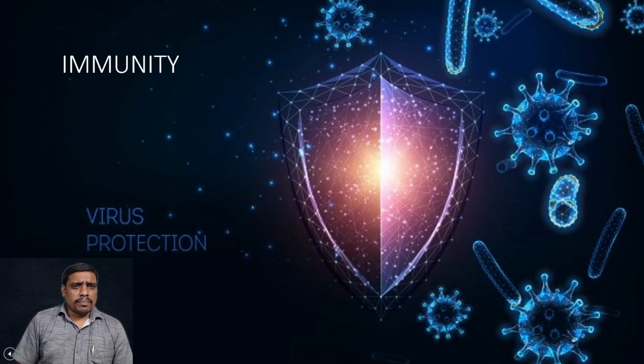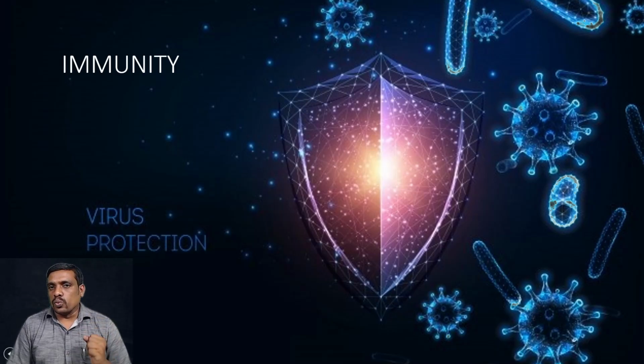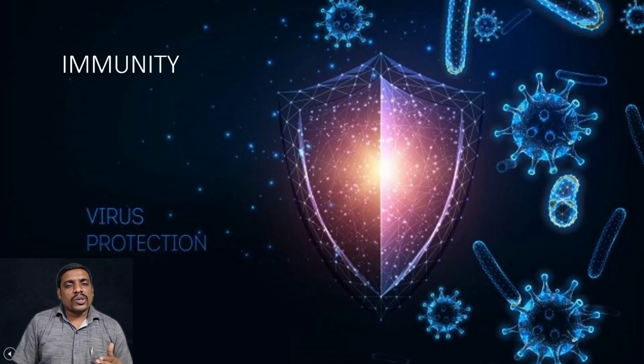Once again, the innate immunity is inborn immunity which we receive from our mother. Mother shares all kinds of immune cells with us while we are in the mother's womb.